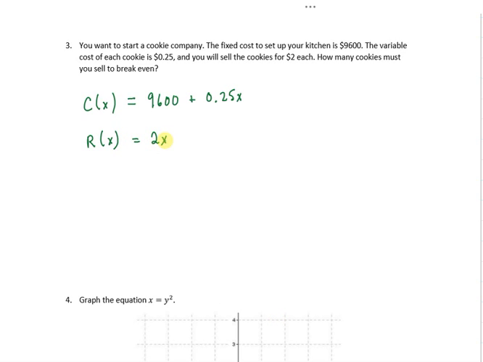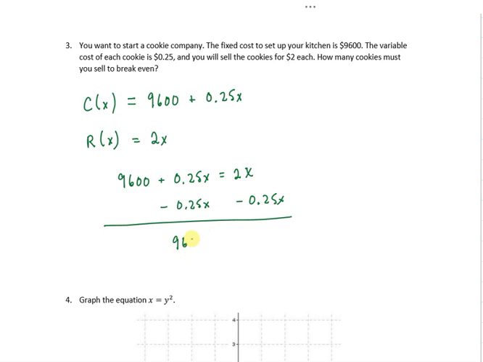So I break even when my costs and my revenue are the same. So I want to solve 9,600 plus 0.25x is equal to 2x. I'm going to subtract 0.25x from both sides, and I'm going to get 9,600 is equal to 1.75x.